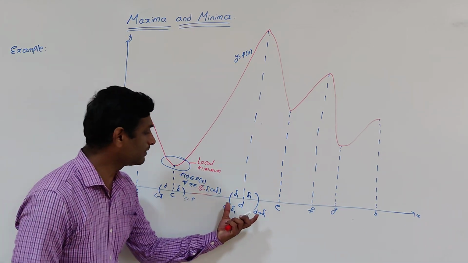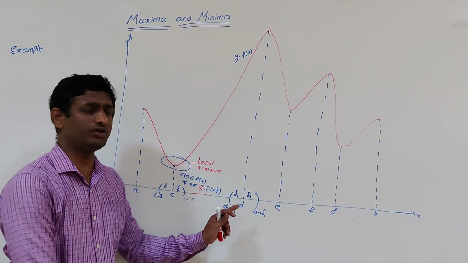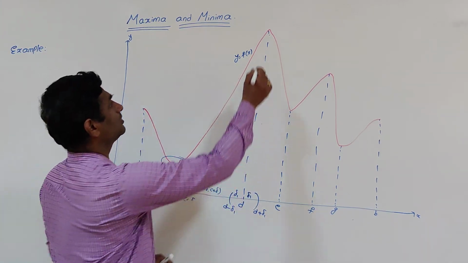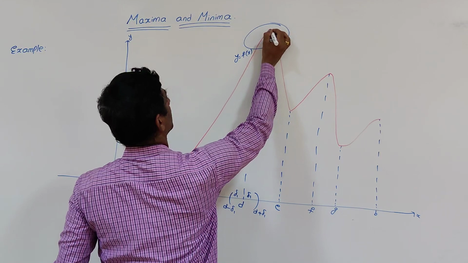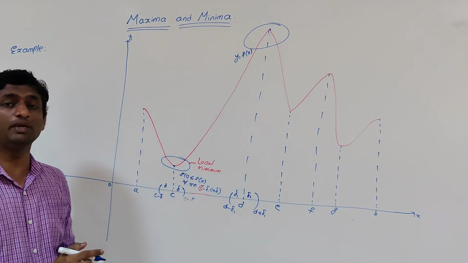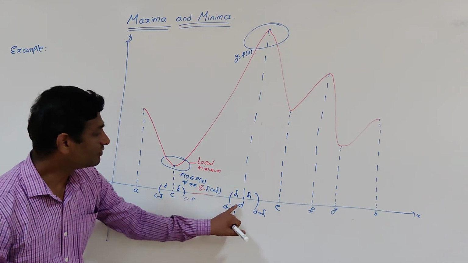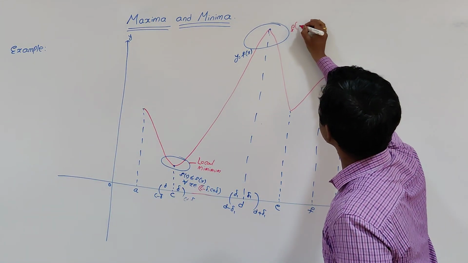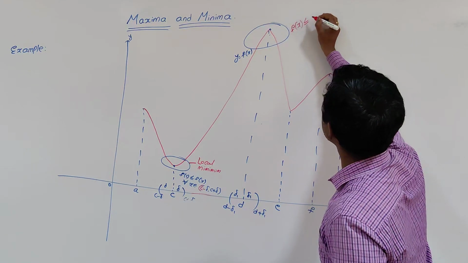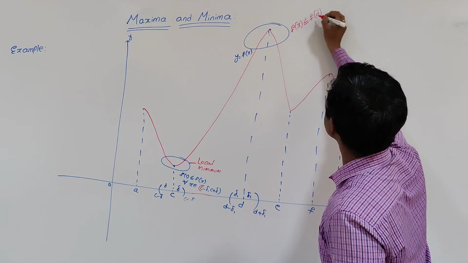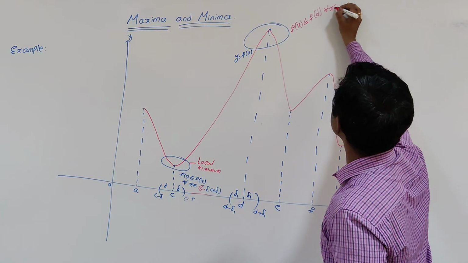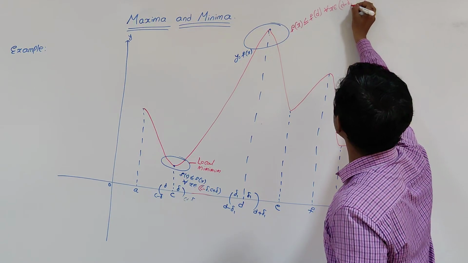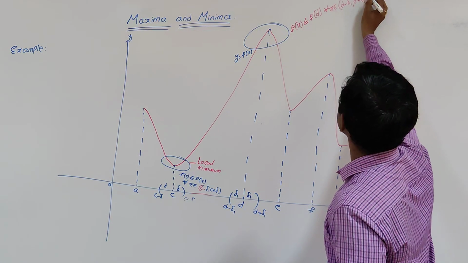What we can observe in a small neighborhood of D is that the outputs will be less than f of D. Means f of x will be less than or equal to f of D for all x belongs to D minus delta 1 comma D plus delta 1.